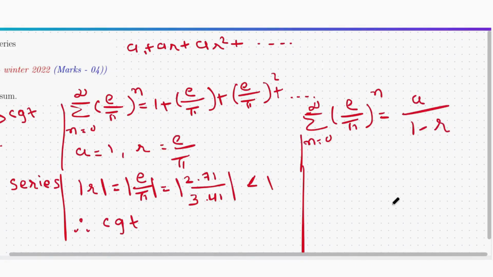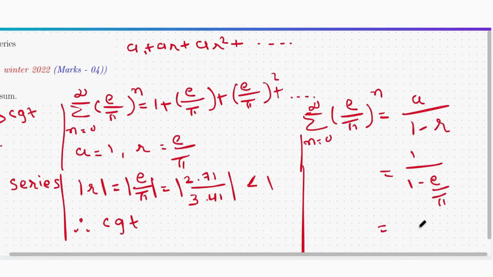This is the formula for the sum of the entire series. So using this formula we can find the sum. Here a is 1 from this series, and the ratio r is e upon pi. Now put these values.